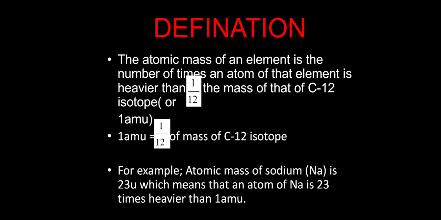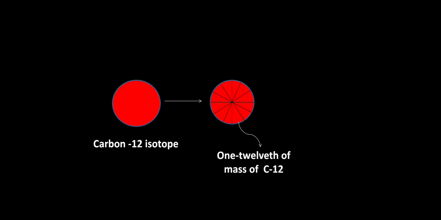To understand this 1 AMU clearly, let us take it in a diagrammatic representation. Let us say that this is a carbon-12 isotope. Now what we are trying to do is divide it into 12 equal parts. If I divide it into 12 equal parts, each part will be 1/12 of the mass of C12.